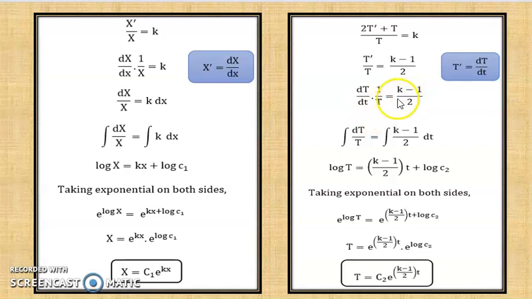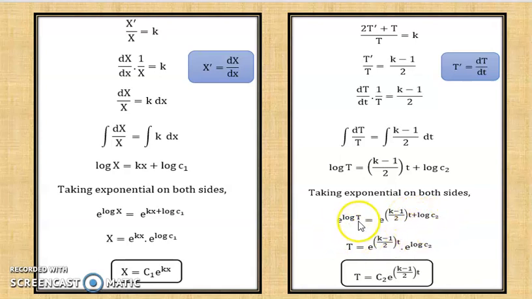Then on cross multiplying we get dt by t equal to (k minus 1) by 2 dt. Then integrating we get log t equal to (k minus 1) by 2 t plus log c2. Then we take exponential on both sides. We have e raised to log t equal to e raised to (k minus 1) by 2 t plus log c2.